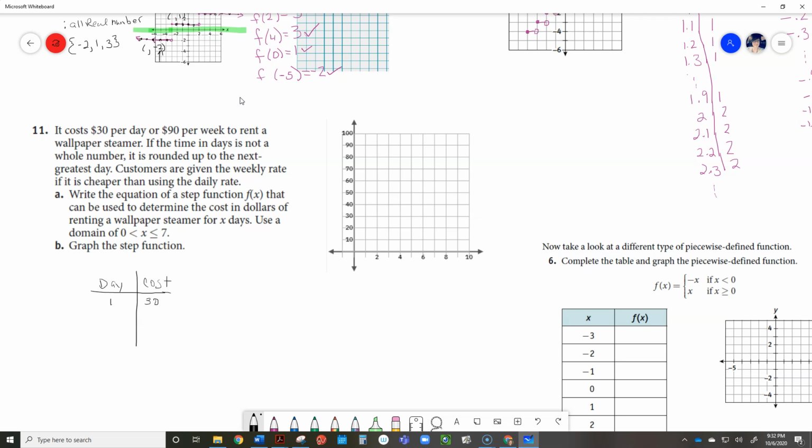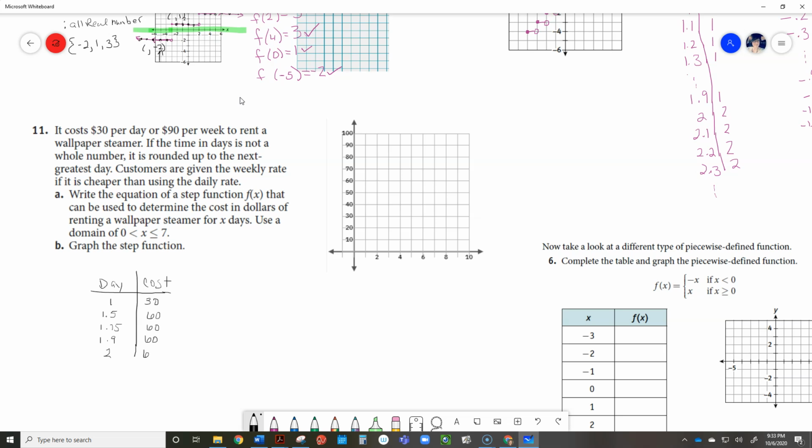And then it says, if the time in days is not a whole number, then you round it up to the next greatest day. So in other words, if I keep it a day and a half, or 1.75 days, or 1.9 days, or 2 days, anything beyond 1 day goes up to that next day.